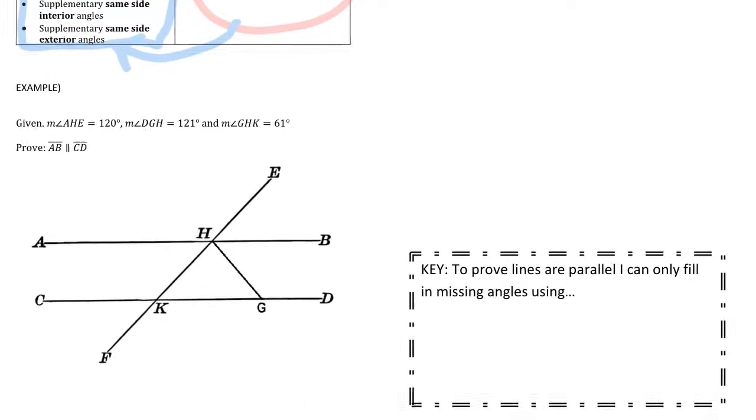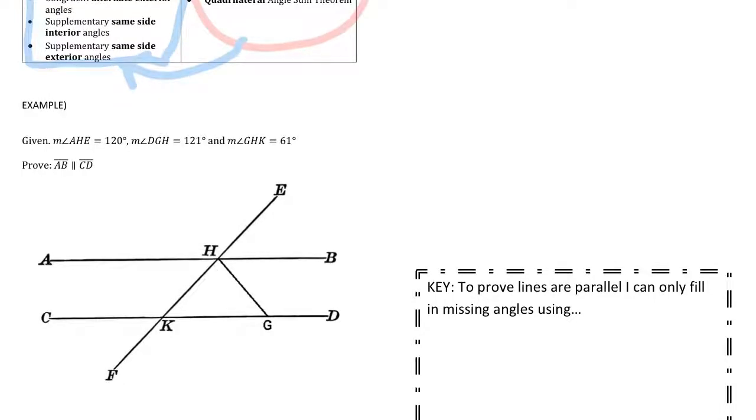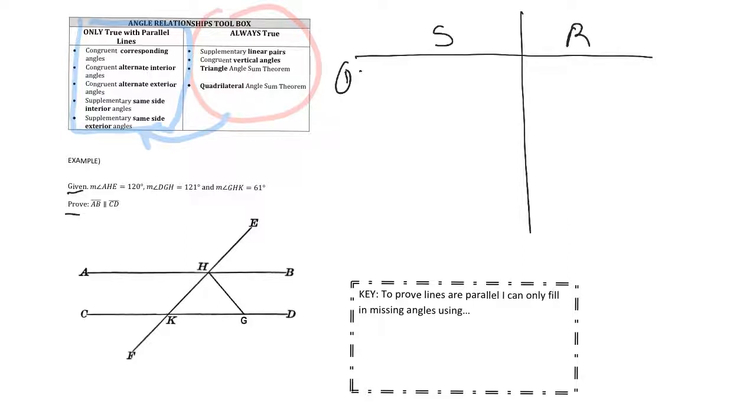So looking at my first example, I'm going to write my proof over here on the right, so there's enough room. When it says given and prove, I know I've got to write my statement and reason chart. And my first step is always to write down my given. Angle AHE is 120. Angle DGH equals 121.